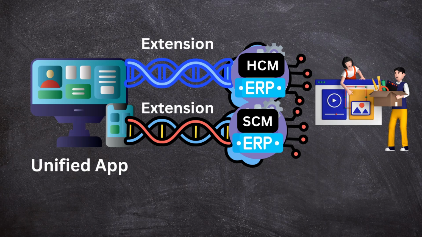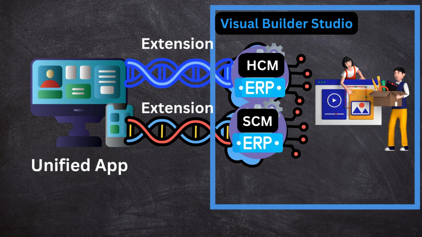And when users open a page, your customizations run dynamically right after Oracle's own code. But how do we actually get access to that source code to create our extensions? That's where Visual Builder Studio comes in, your gateway to extend Fusion application just like Oracle does.